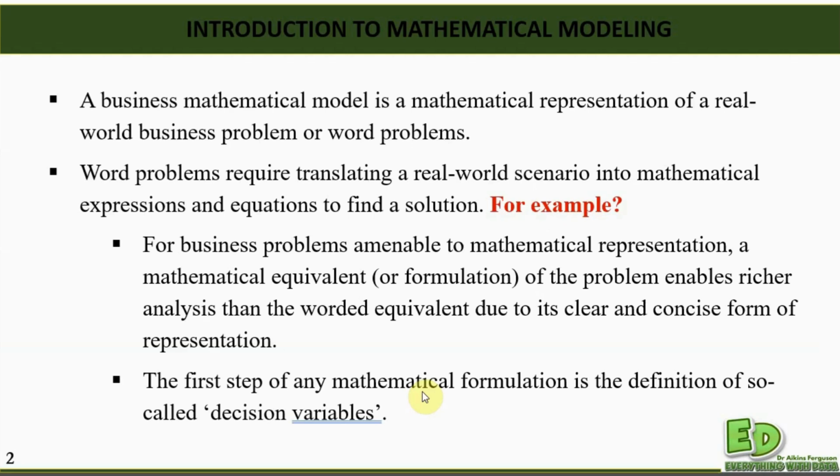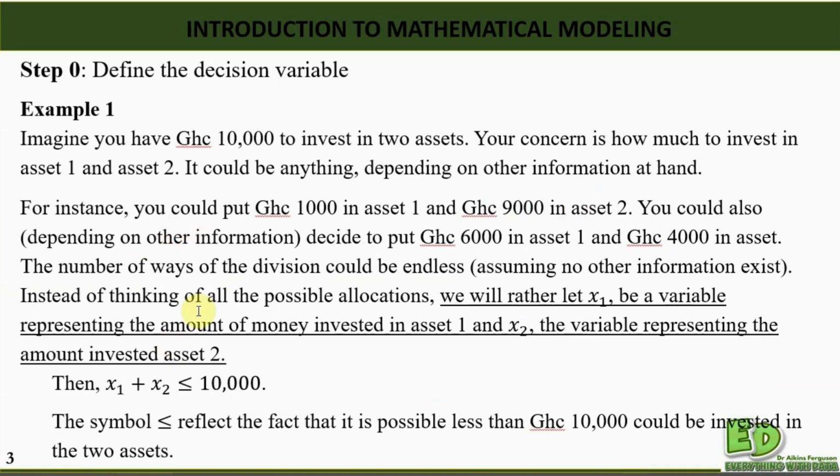So these crops are going to be represented with what is called decision variables, to indicate the items or the crops in question. That is decision variables. And on our next slide, we have a practical example to show us how to deal with these word problems and how to formulate them.